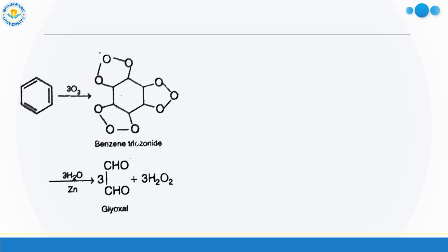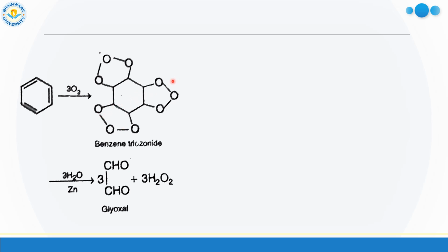Now the last one and best example, benzene. If we treat benzene with ozone, 3 moles are required because it has 3 double bonds. So the ozonide structure will be like that: the benzene triozonide structure is formed, and using zinc dust and water it will be cleaved like that, at this one, this one, this one.